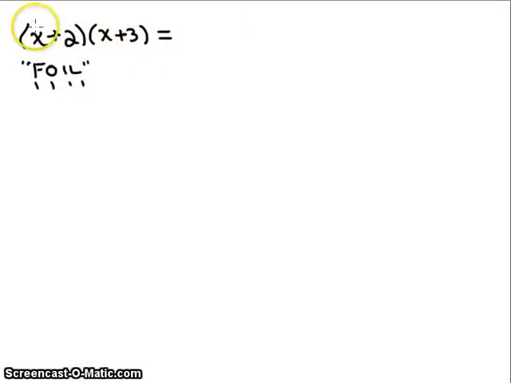And what that means is that I'm going to distribute my two numbers across the second set of two numbers. So x times x, these are my first terms, gives me x squared. My outside terms give me 3x when I multiply together.